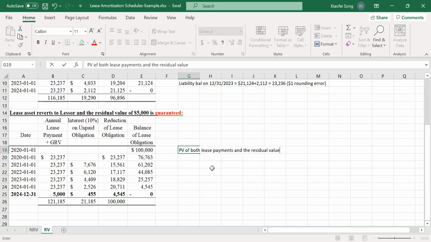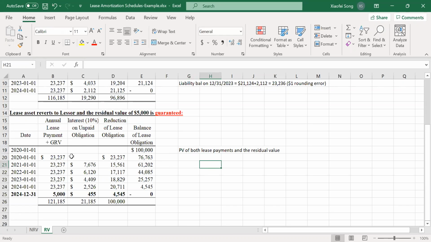Because the balance is different, the interest will be different. We talked about that, but other than that, it's the same. So at the beginning of 2024, this is the beginning of the last year, right?